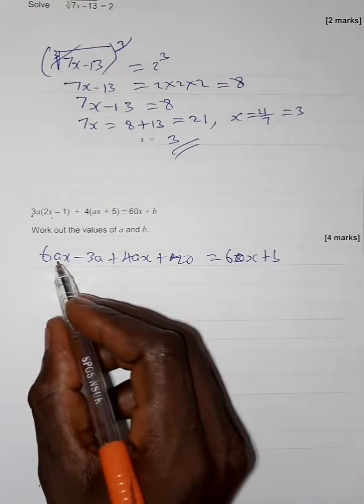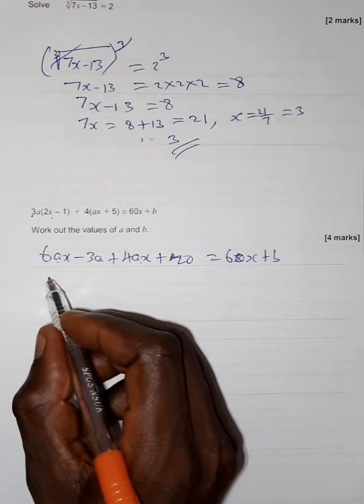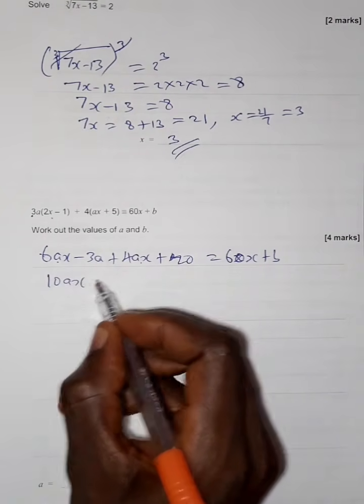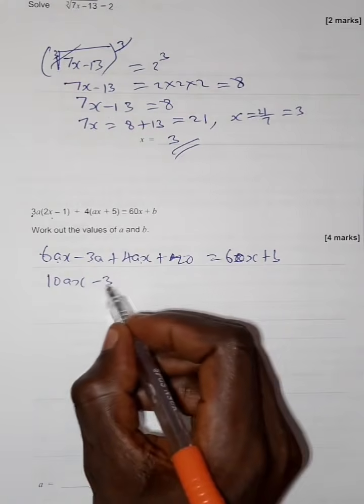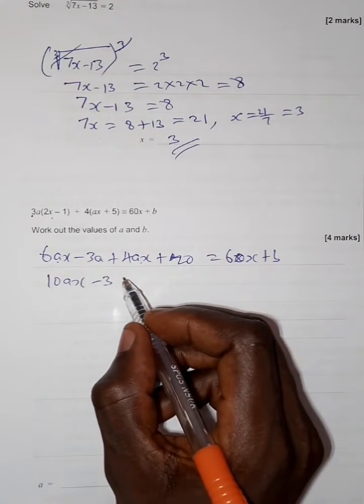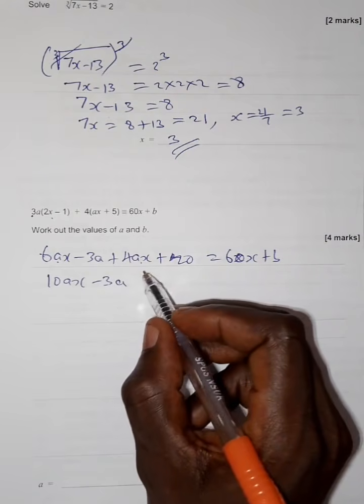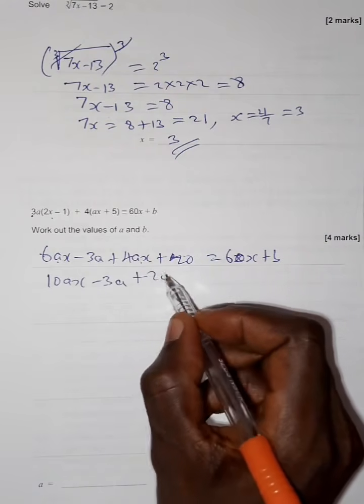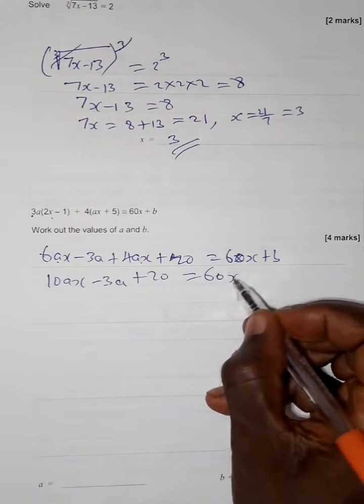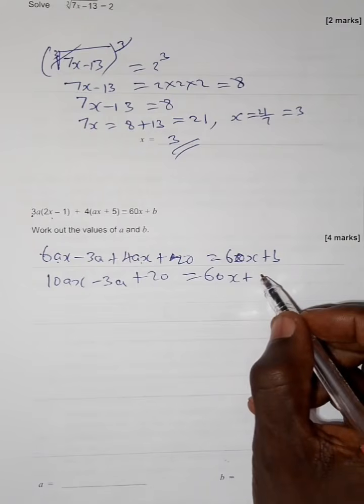And then in this case, this and this are the same. So when we sum it, it will give us 10ax minus 3a, and then plus 20, all equals to 60x plus b.